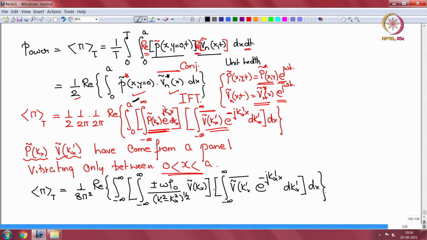I was forced to use this bar because I tried to explain it using conjugates or stars here.